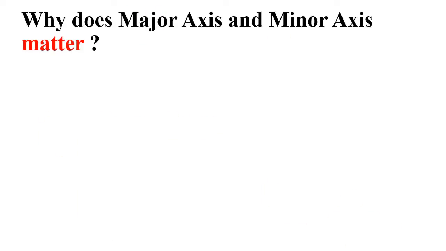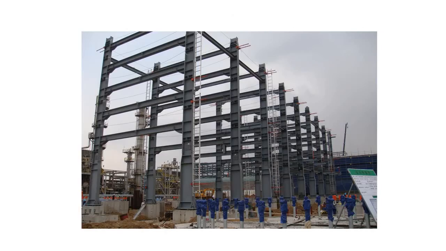Now, why does major axis and minor axis matter? Well, consider any steel structure. Okay, and at the very first of this discussion, try to find out the major axis and the minor axis in the plan dimension of this structure. Simply pause the video and try to find out the major axis and minor axis in the plan of this structure.